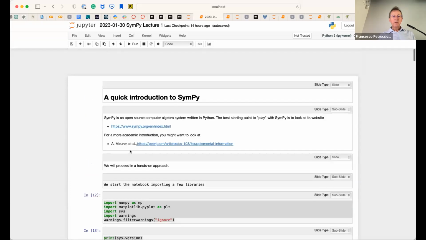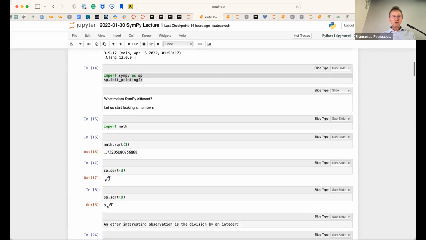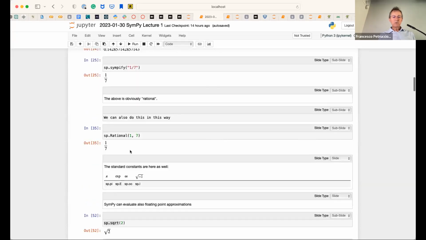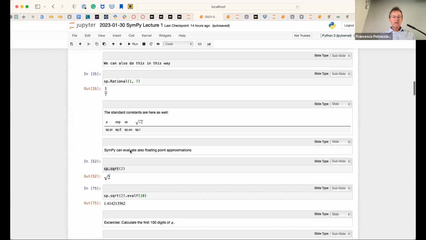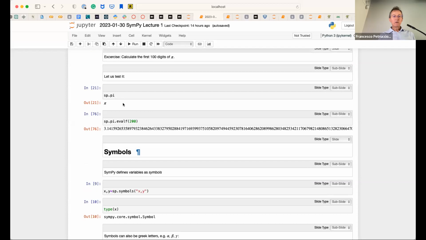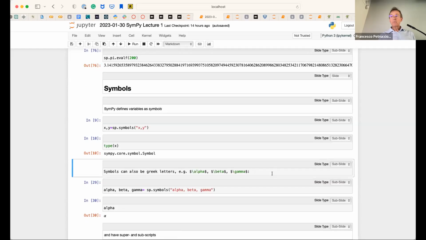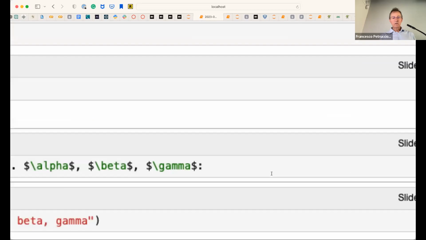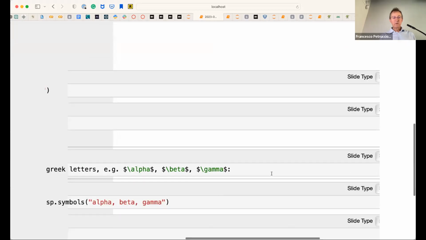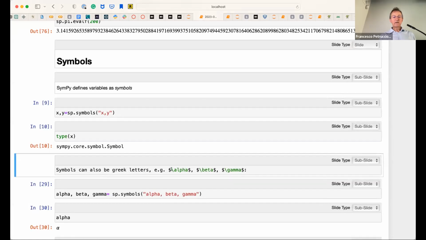Someone was wondering about the Greek symbols. Where do I have them? Here, can you see this line? The symbols can be Greek letters.